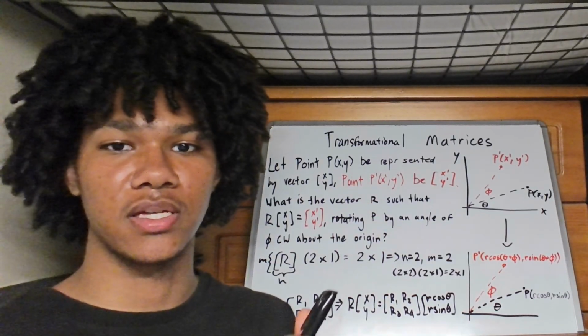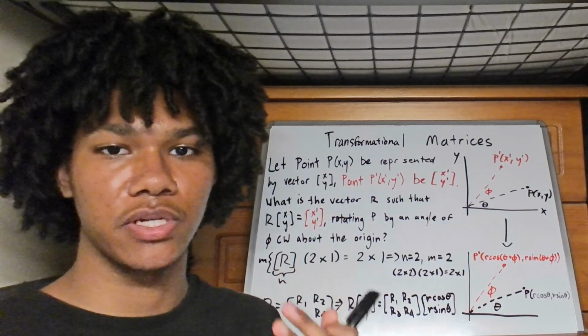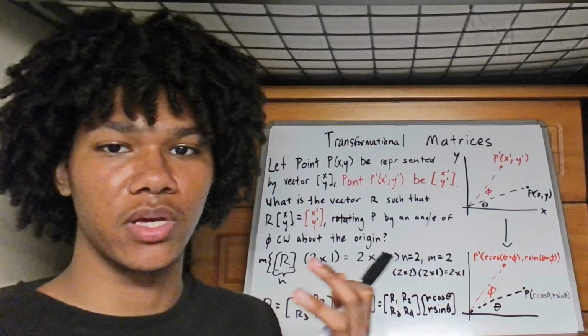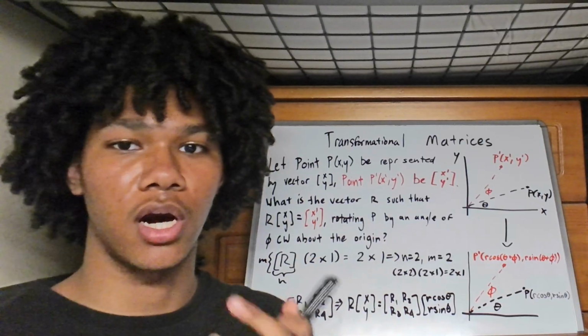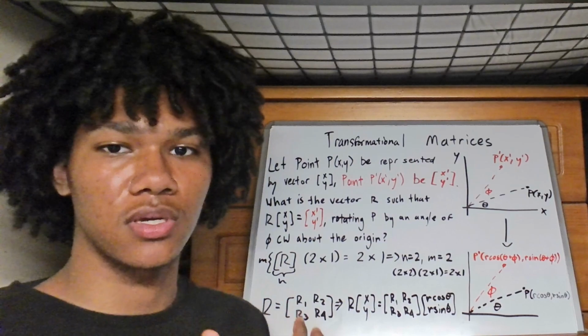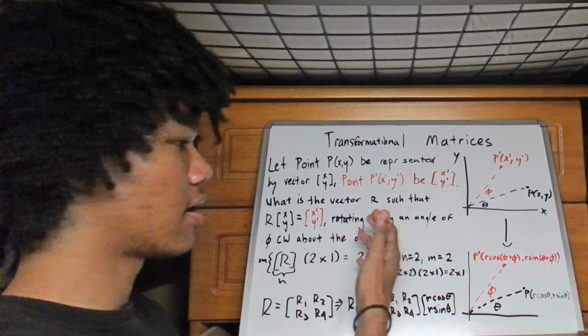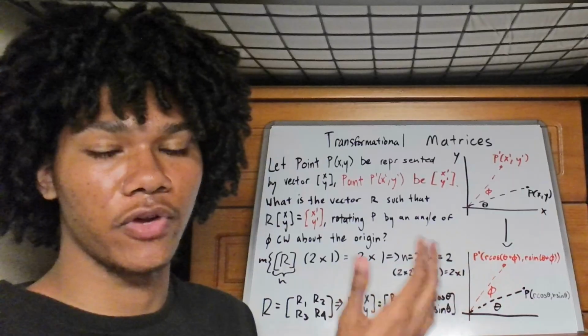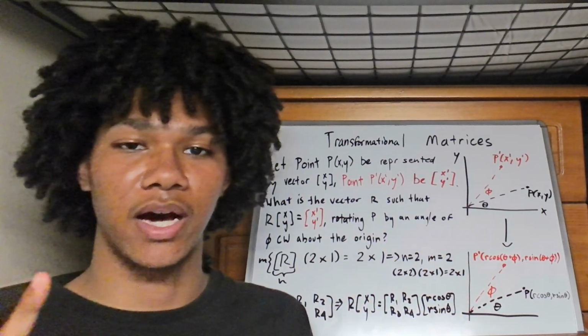What I'm claiming is that there's a matrix R such that we can multiply by our column vector, which represents our point, and that multiplication is going to result in another point that represents rotation of our original point. That's a claim that I made.